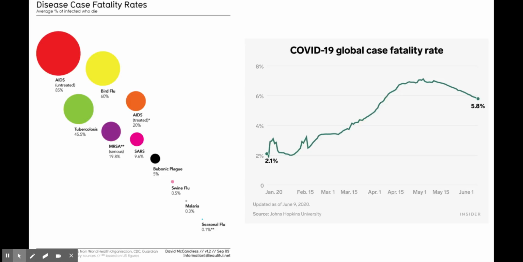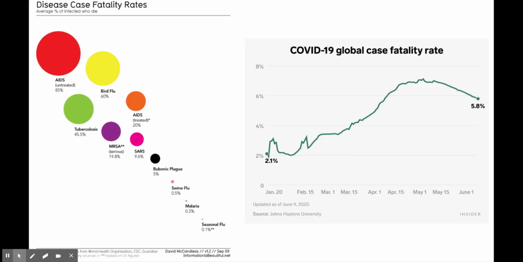And we can compare different diseases using case fatality rates, and that's often used to compare how serious or scary a disease is. You see that seasonal flu is typically around 0.1%, so quite low compared to diseases like SARS, which is a relative of COVID-19.